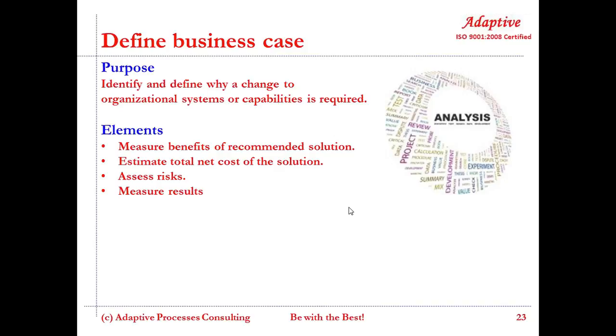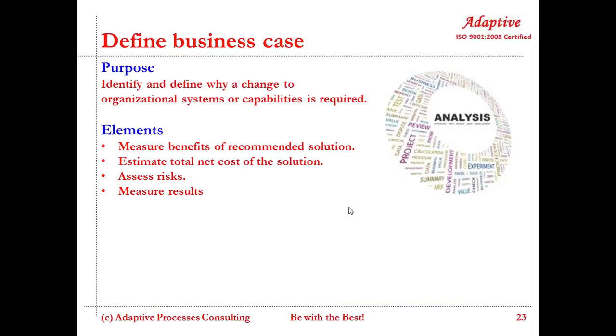So once we do all that, once we define a business need and identify a solution approach, then we get into the business case. We're trying to define a business case using all those inputs. We also analyze the gaps.